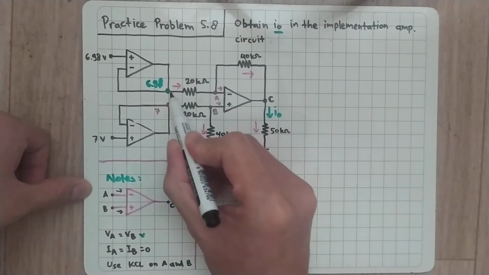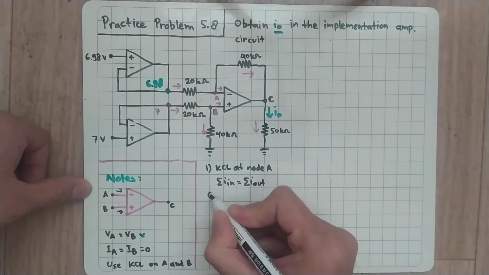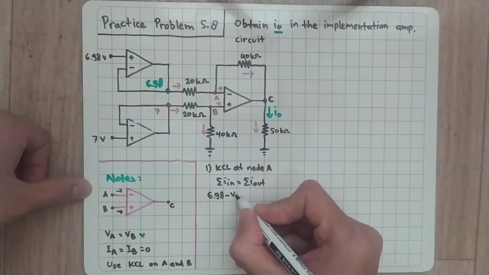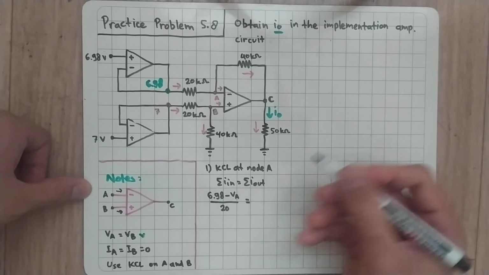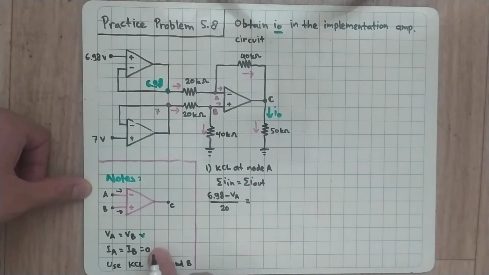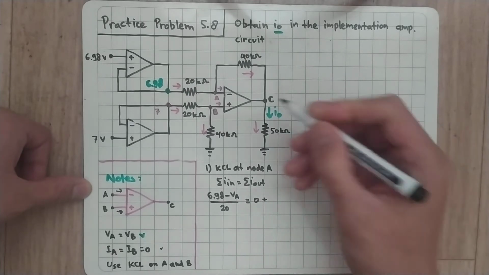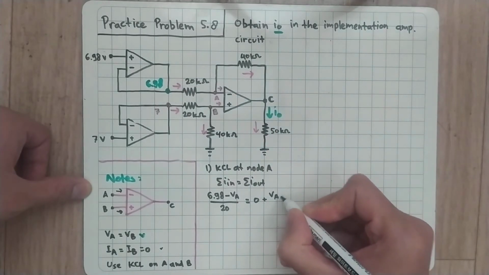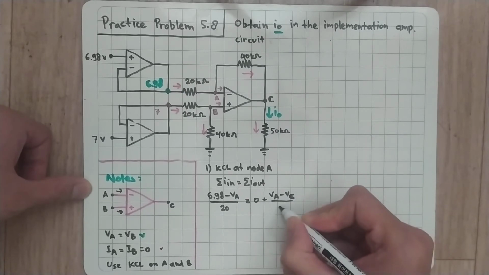Okay, at node A, this current is going in, so I'll have the voltage in this node, which is 6.98, minus this voltage, so VA, divided by 20, and that will equal to this current that is going into the op-amp, which is 0 because of these properties here, so we'll have 0, then plus this current, which is VA minus VC divided by 40.